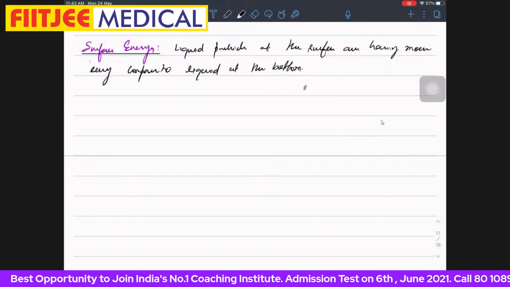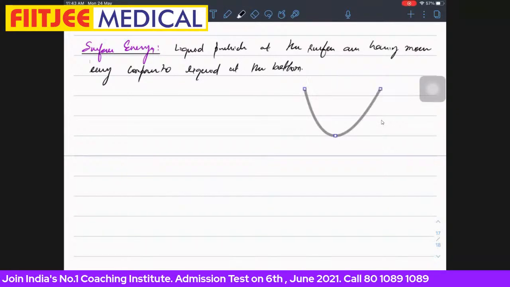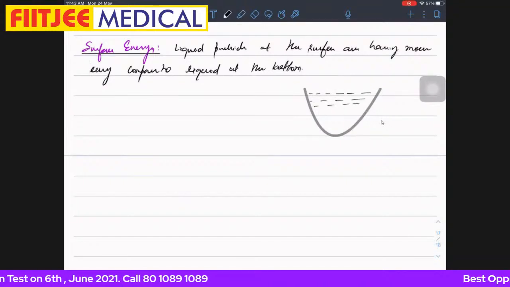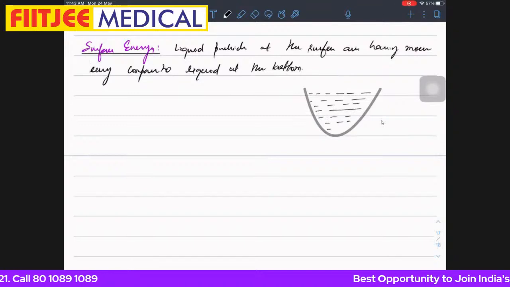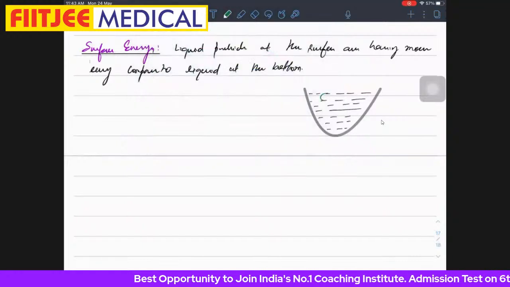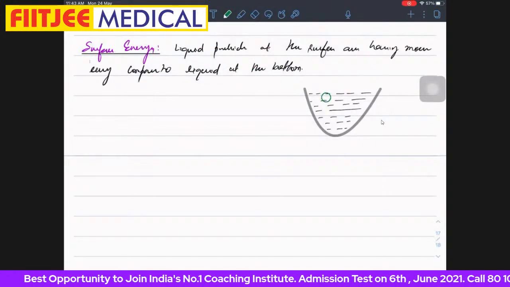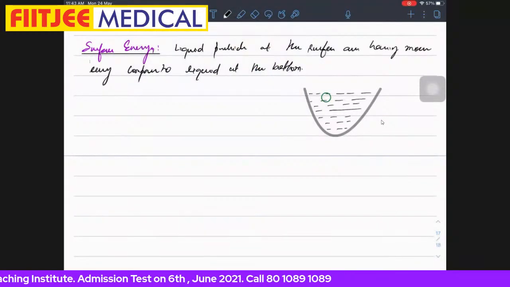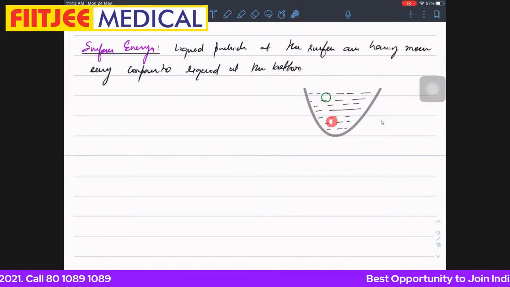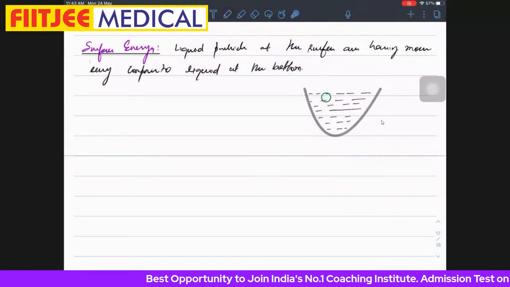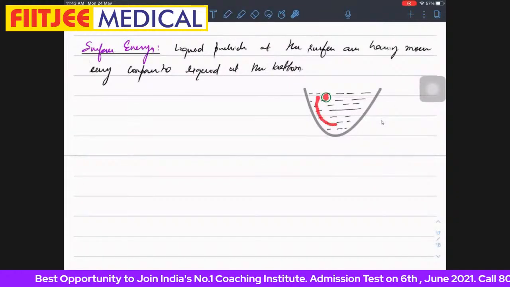Try to understand, if a container is there, and in this container there is liquid on the top, what happens? This liquid may escape because it has extra energy. Since there is space, liquid from the bottom will go up.